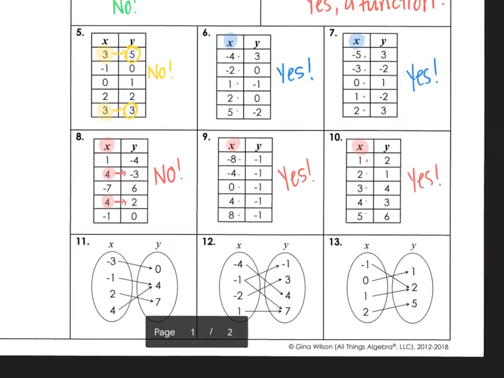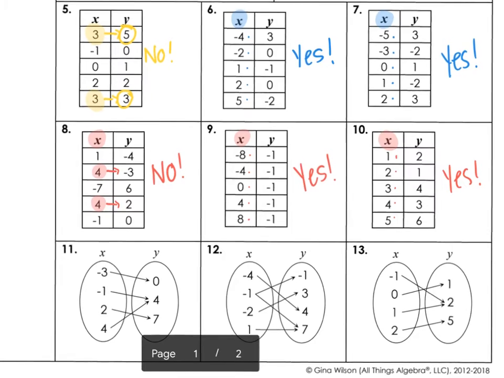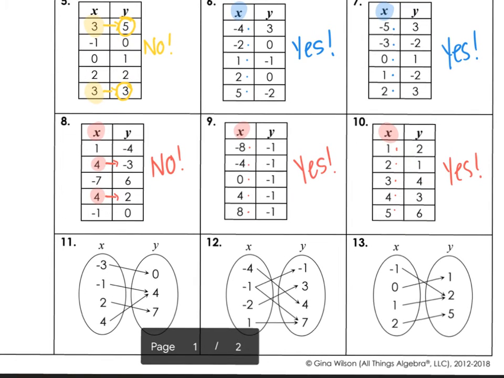Now let's look at a mapping to determine whether these relations are a function. So what is easy to see is that from each x value, there are lines coming from each x value to go to a y. So because there's only one line leaving the x value, that means that there is only one output.